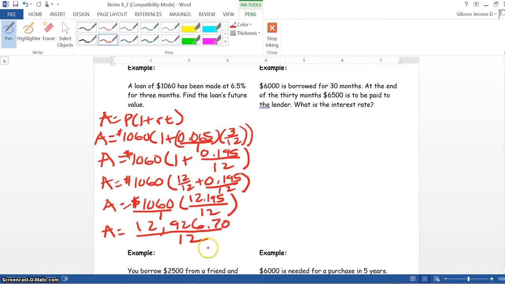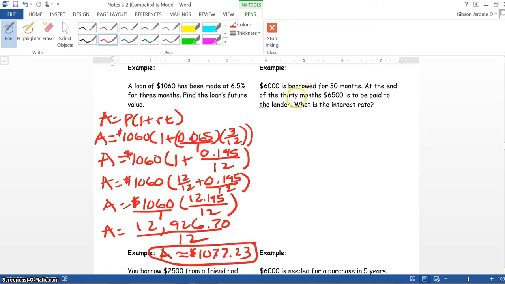Now we would take this value and divide it by 12. And our final answer is going to be approximate. It's going to be approximately $1,077.23. And that is our final answer.